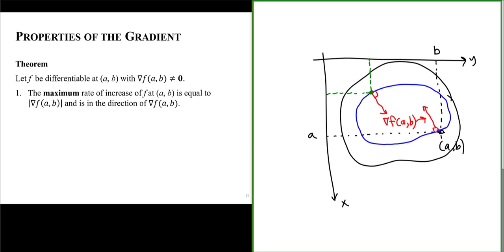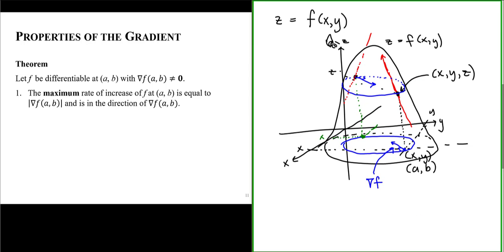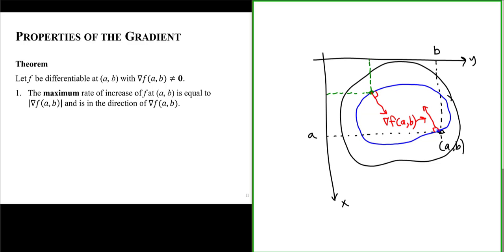And that gradient is at a right angle to our path. So that is the direction that we would need to change our x and y coordinate in order to ascend the hill at the maximum possible rate. And that maximum possible rate is given by just evaluating the magnitude of the gradient of our function.